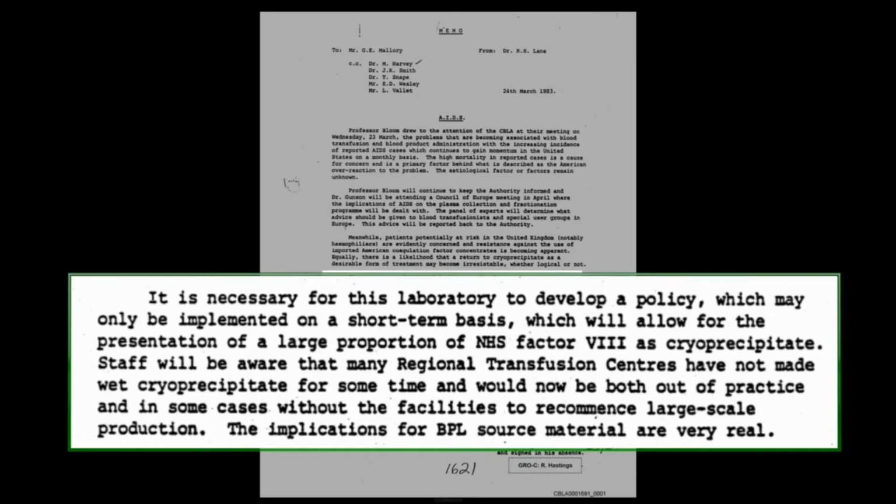Staff will be aware that many regional transfusion centres have not made wet cryoprecipitate for some time, would now both be out of practice and in some cases without the facilities to recommence large-scale production. The implications for BPL source material are very real. A meeting involving those circulated with this memorandum should be set up at the earliest convenient opportunity to discuss the strategic... I think we're missing that on the screen. Sorry, we could go on to the following paragraph. Forgive me, I've read ahead.